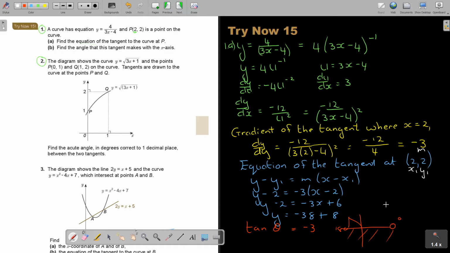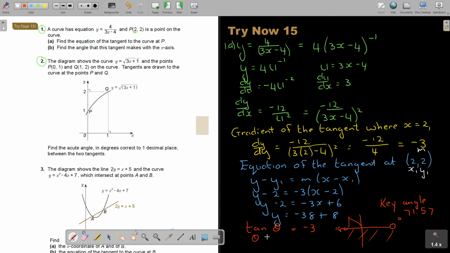And now I just find first my key angle, or my reference angle. And how do I do that? I press Shift tan 3 equals, and I get, making it 2 decimal places, 71.57.